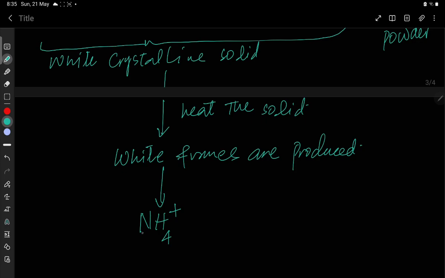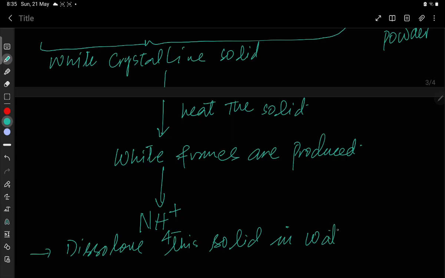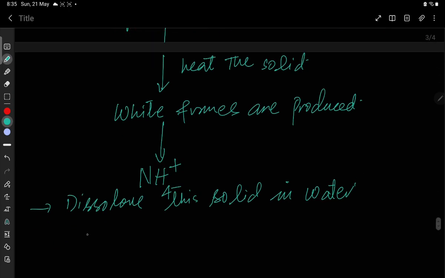To further confirm this test, dissolve this solid in water and add sodium hydroxide plus warm the solution. It further confirms the ammonium ion.